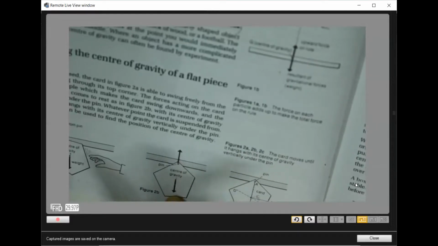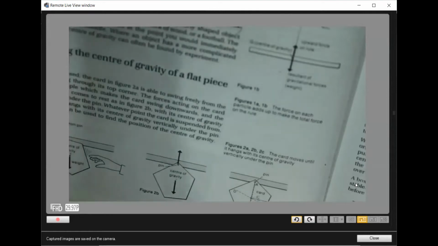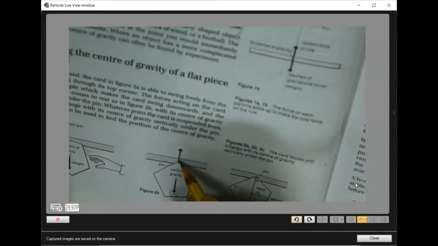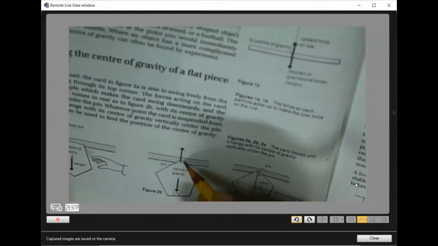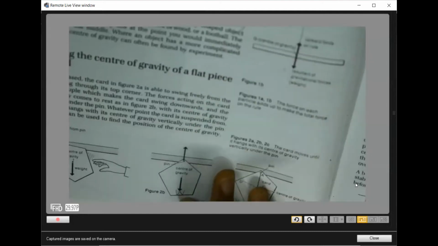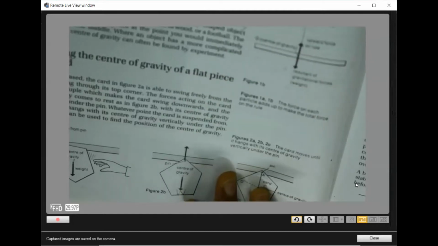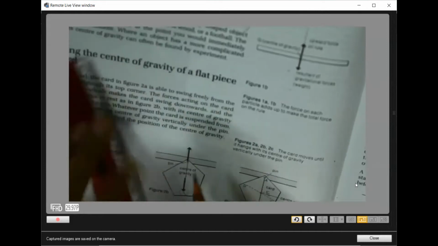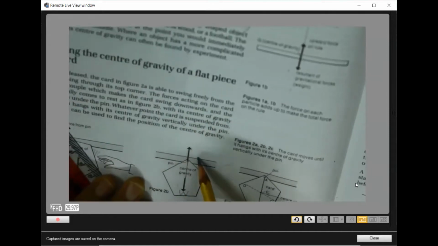One is its own weight, and the other is the upward equal and opposite reaction at the support, wherever it is getting its support, right? Now, if they are passing through the same line, they are equal and opposite, so they will cancel out each other.